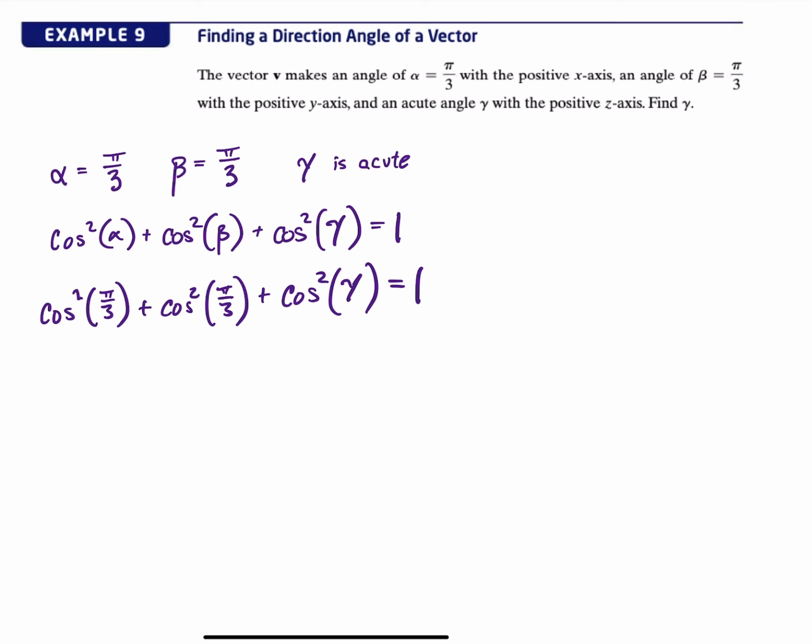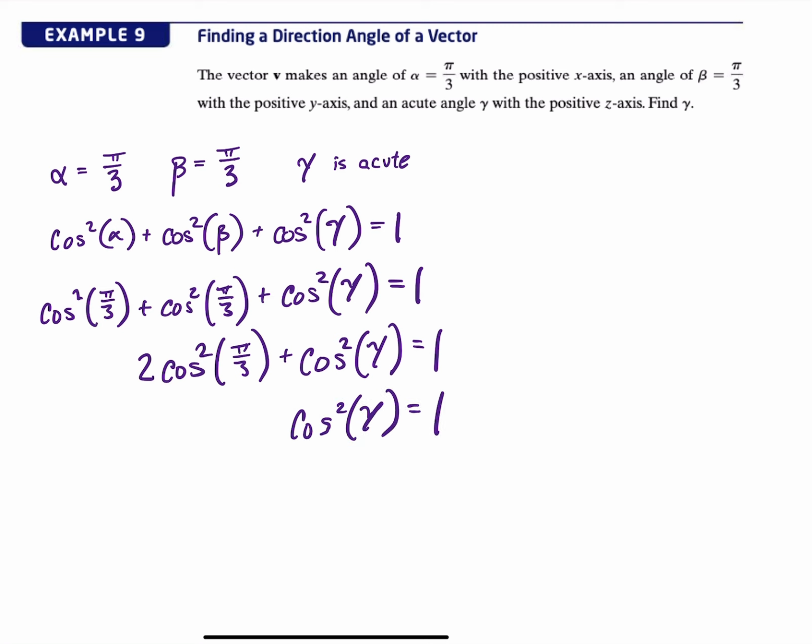We'll have two of those cosine squared pi over 3's, so we can combine them together, and let's subtract that over to the other side. So cosine squared of gamma will equal 1 minus 2 cosine squared of pi over 3.